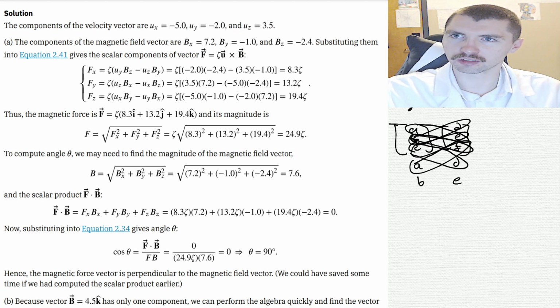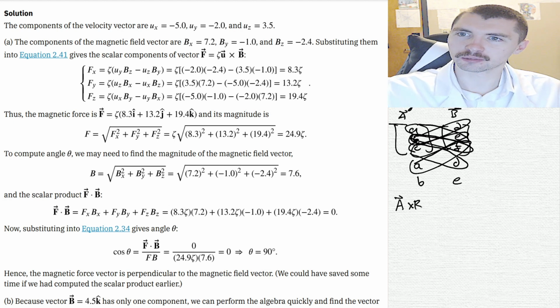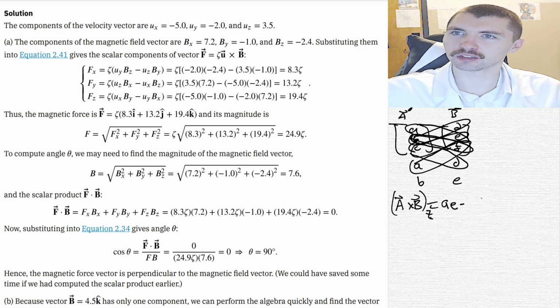So in another way, this is A and this is B. A cross B is, let's say, the Z component will be AE minus BD. Then the X component is going to be BF minus CE.